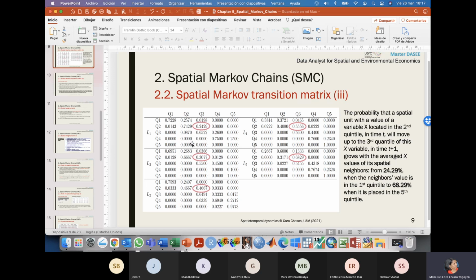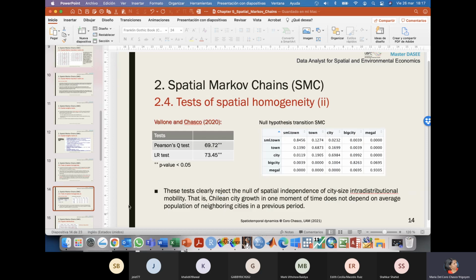And if the real result departs a lot from the null transition matrix, the test will go up and you will reject the null, because the value of the test will be much higher than the critical value, as you should know from statistics. Okay, and so it is interesting.